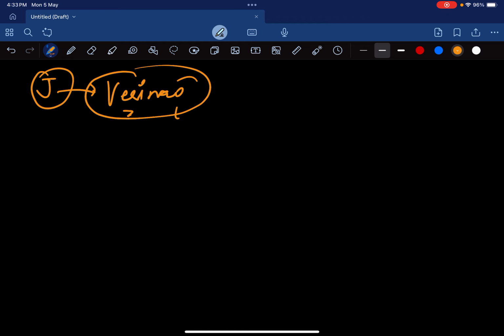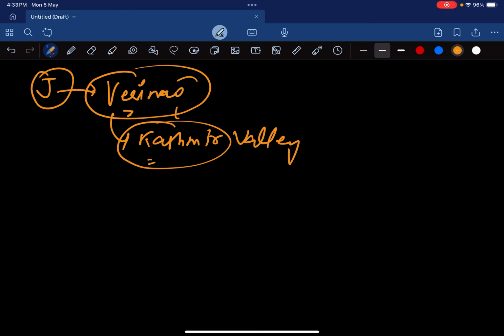Let's look at the Panjnad rivers. First one is the Jhelum River. Jhelum River has its origin from the Verinag, right? Now this Verinag is in the Kashmir Valley, and we all know कौन सी ranges के बीच में the Kashmir Valley lies.